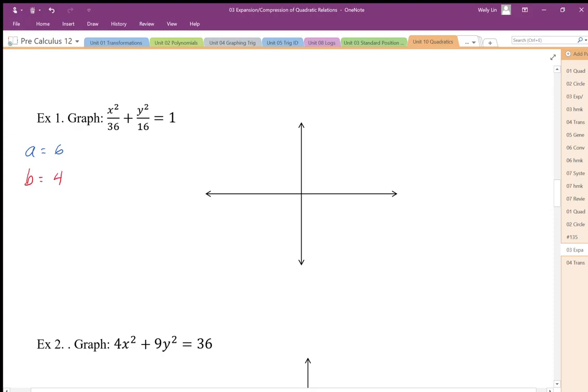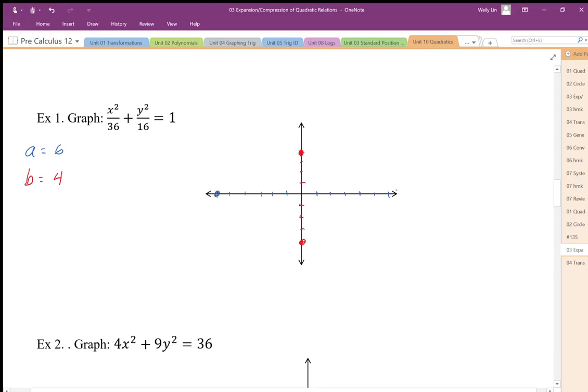To draw this, I draw my y-axis radius, 1, 2, 3, 4 from the center, and my x-axis radius is 6 from the center: 1, 2, 3, 4, 5, 6.